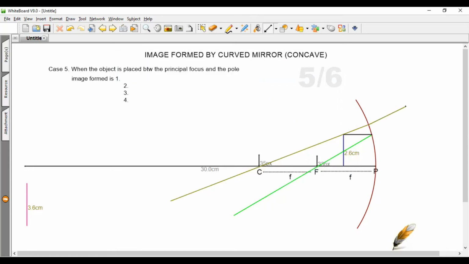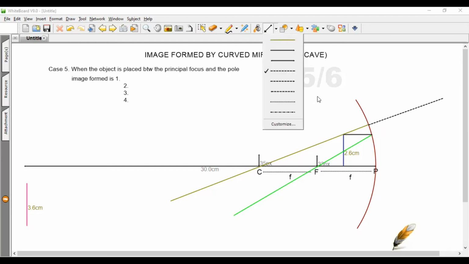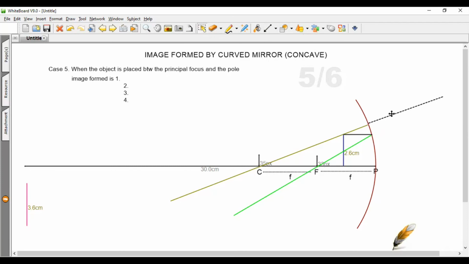That is supposed to be straight, right? Just want to be sure it's actually very straight.